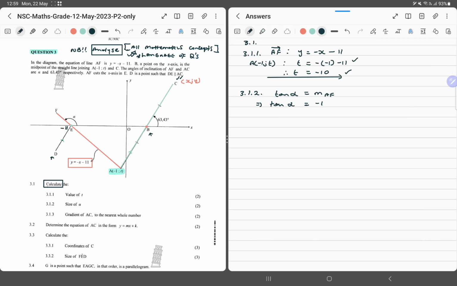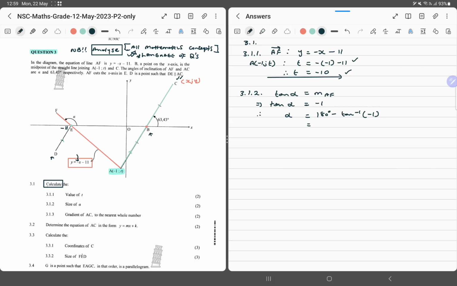Okay? Because the gradient of that line is minus 1. And therefore, we know that our alpha is an obtuse angle. So this is going to be 180 degrees minus the shift tan of minus 1. Or the inverse tan of minus 1.